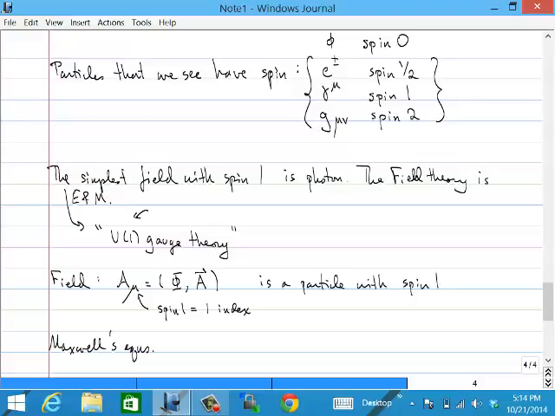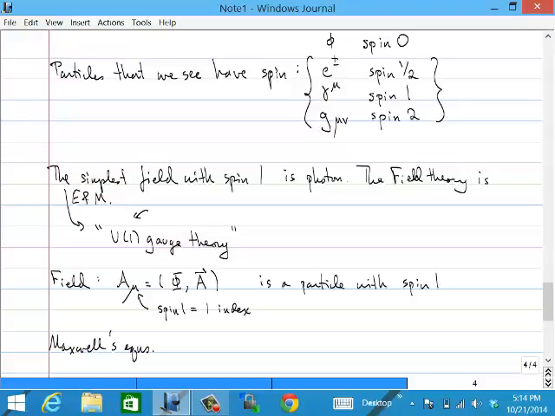What we mean by a particle is something that transforms under the symmetries of space-time, under the Poincare symmetries. In the mathematical language, we call something that transforms under symmetries a representation. What you want is a set of states that transform into one another under these symmetries. But you want it to be what's known as an irreducible representation.